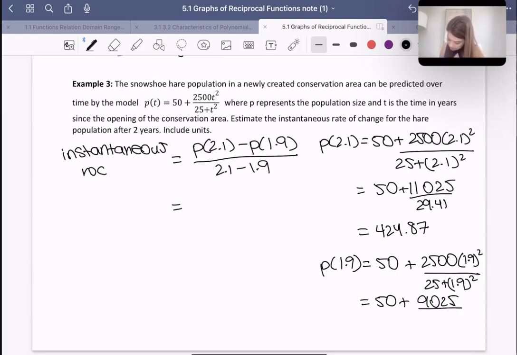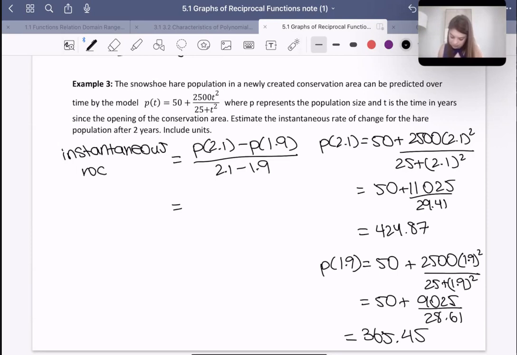And then we have 1.9 times 1.9 plus 25, which is 28.61. So 9,025 divided by 28.61. And then we're going to add 50 at the end, and we're going to get 365.45. So there we go. There it is.